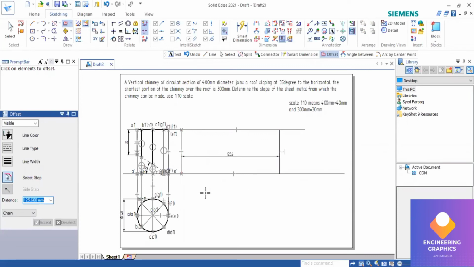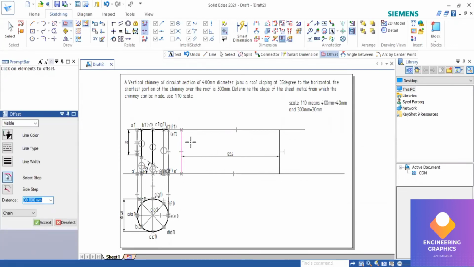So divide this 125.6 by 8, so you will get the length here. You can use the calculator, okay, to find out the length. 125.6 divided by 8, you do it, you get the length.